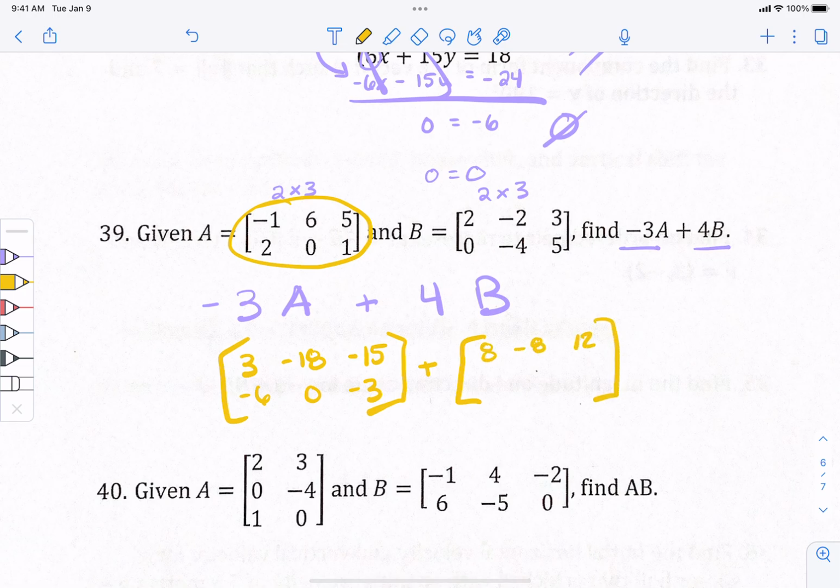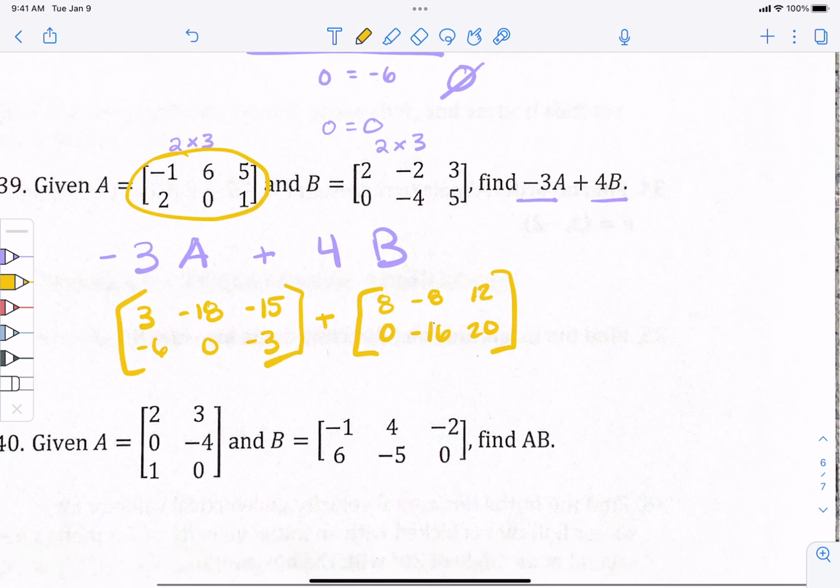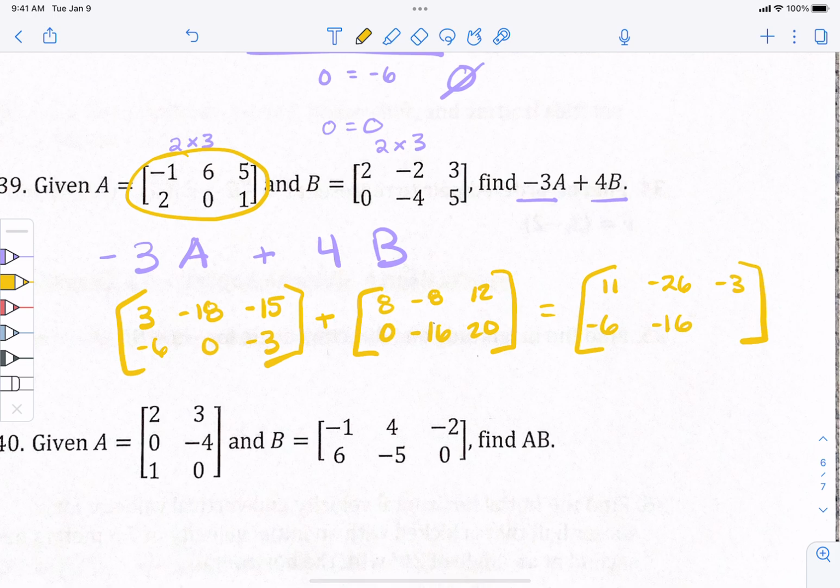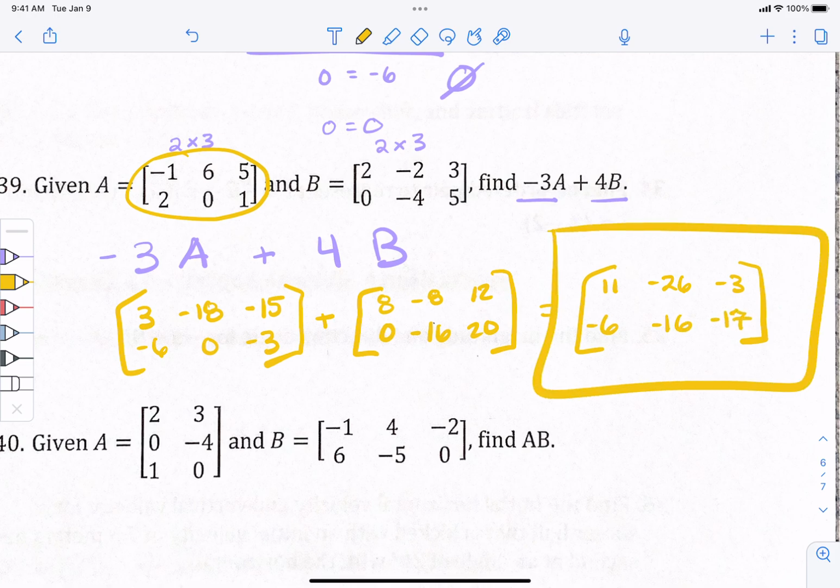I'm trying to go fast because it's starting to rain. Then I add those together. You get something like 11, negative 26, negative 3, and negative 6, negative 16, and negative 17. There's my final answer after you put them together.